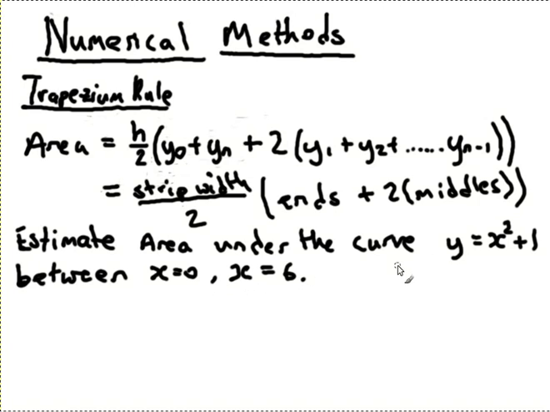Now, when they ask you to do something like this, they'll almost always give you a table. They might not, but they almost always do. So let's give a little bit more precision as well, because I need to say how many trapeziums I'm using. I'm going to say with 3 trapezia.